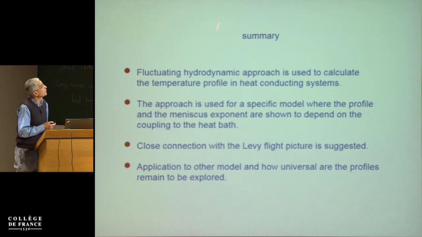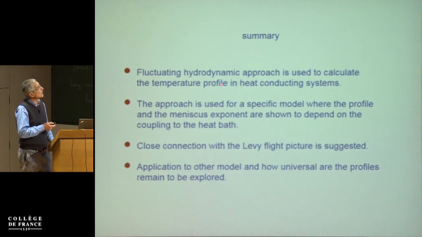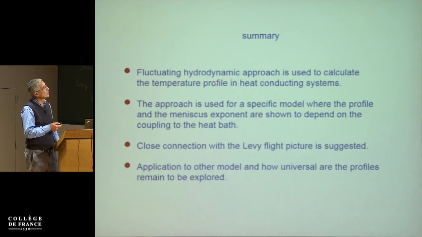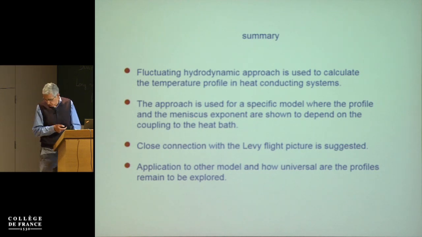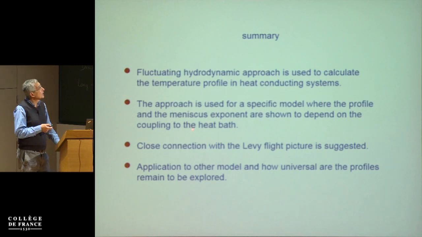Okay, so let me just summarize now. We used a fluctuating hydrodynamic approach to calculate temperature profiles of these heat conducting systems. Here we used it for this specific model of a harmonic chain with momentum exchange, and one can calculate the profile itself, but also, in particular, the meniscus exponents, and show that it is a function of the coupling to the heat bath.